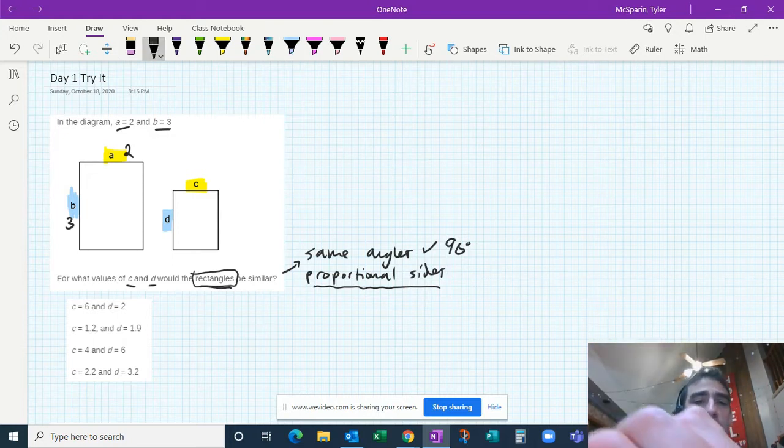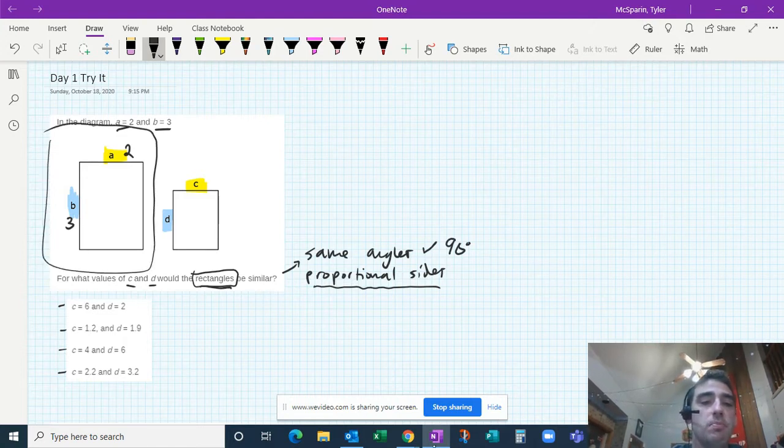So there are two ways to go about this. One way is that you could make a separate set of fractions for each one of these, like yellow divided by yellow and then blue divided by blue. I think it's going to be faster if we make a fraction for this rectangle, and then make fractions for each of these and compare them.